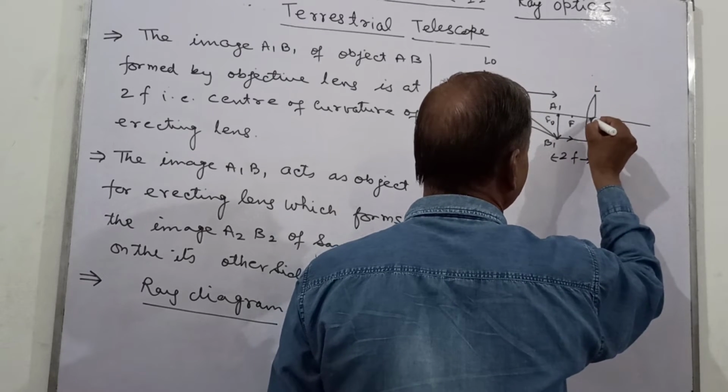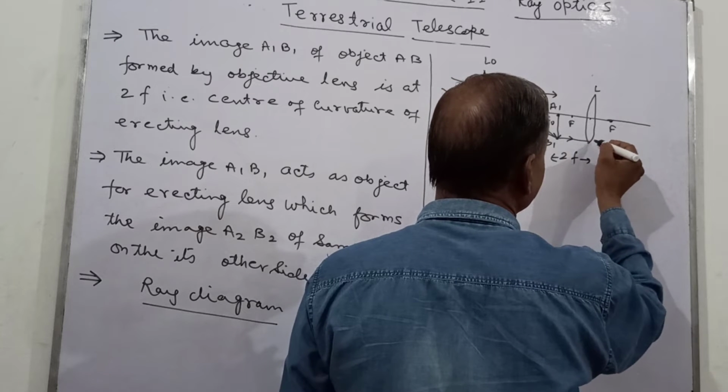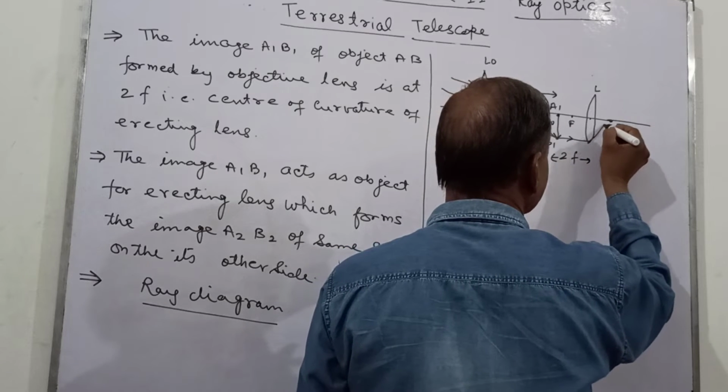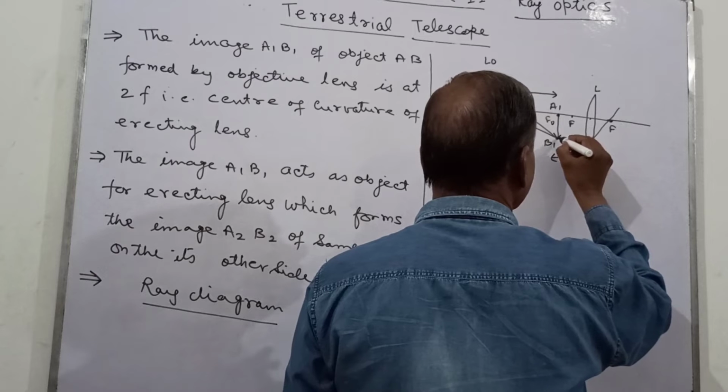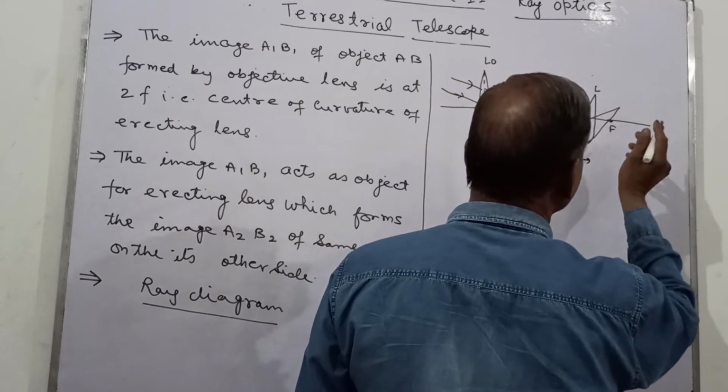And this is now its optical center. The one ray that is parallel to the principal axis will pass through this focus, and another ray will pass through the optical center.